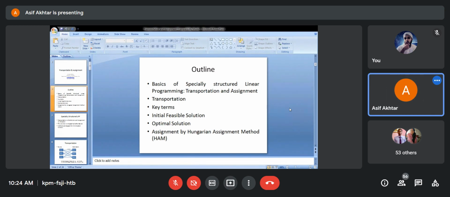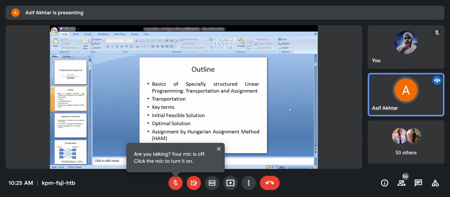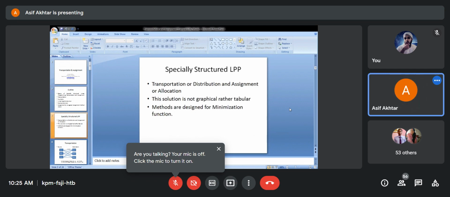So it has its own language. तो आप देख रहे हैं right from calculus, differential calculus, integral calculus, and then linear programming. Every aspect, every area in quantitative method has its own language. This presentation, which I am going to discuss with you, talks about specially structured linear programming. What is that specially structured? Because it is specially designed to solve the problems of transportation and assignment.